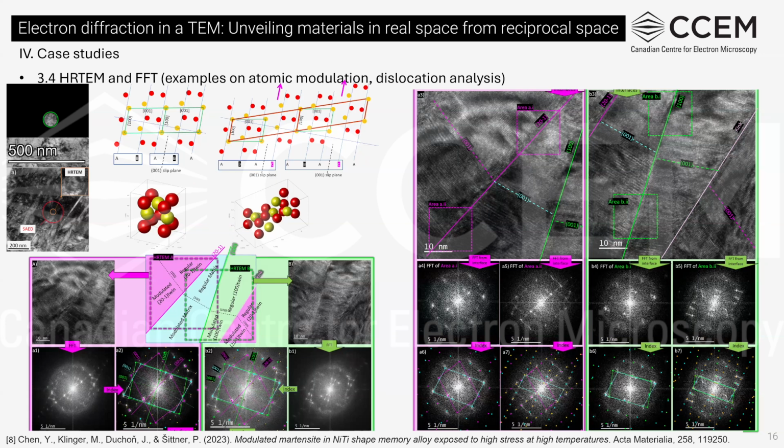Originally we have AB stacking here, and partial dislocation happens at the 100 plane and changes the stacking sequence into ABAC stacking. So the consequence is, due to the stacking fault, we will have a lattice that is twice longer than its origin in the 001 direction. So the lattice spacing between the 001 planes will be doubled.